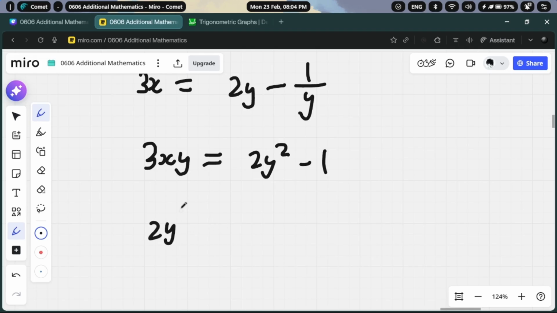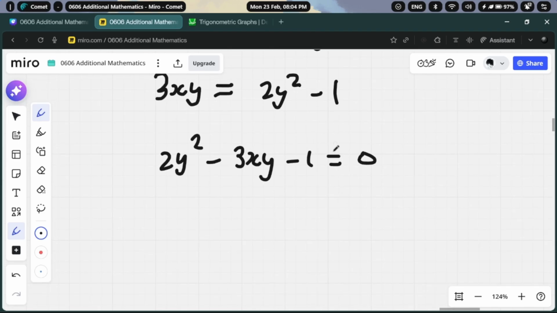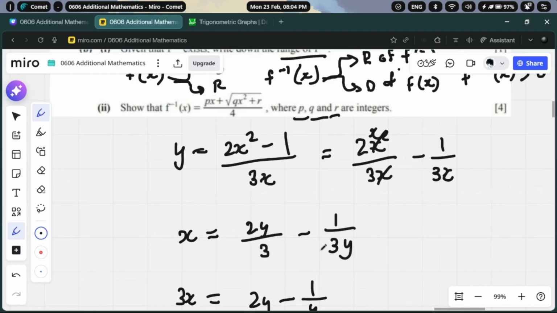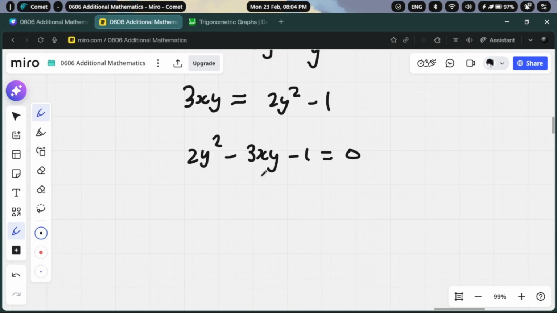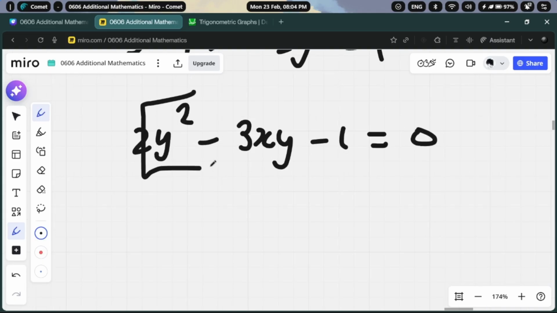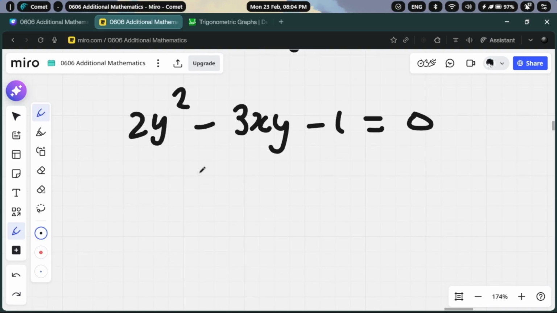You can write this as 2y squared minus 3xy minus 1 is equal to 0. And then you can actually use the quadratic formula over here, because it's essentially a quadratic in terms of y.